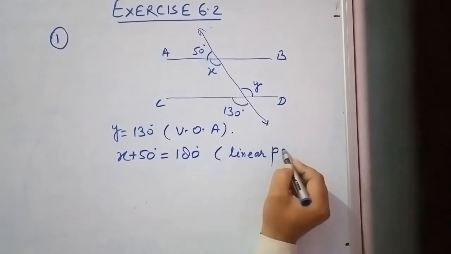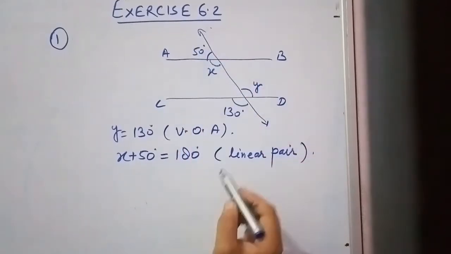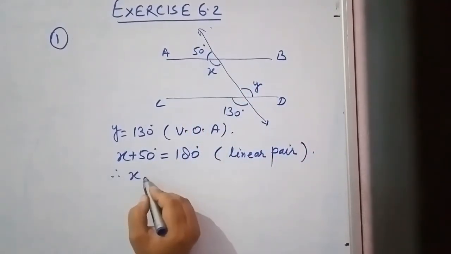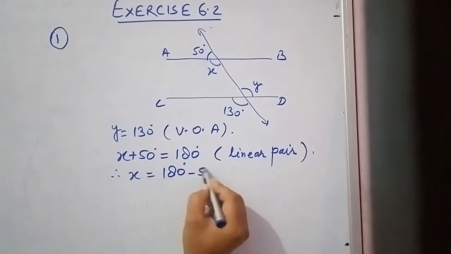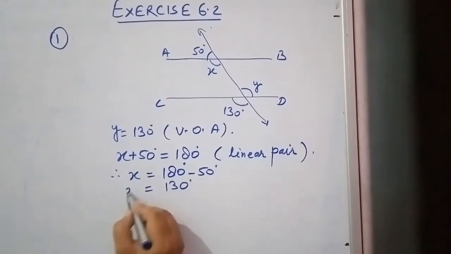These two angles form a linear pair, so X plus 50 equal to 180, that is X equal to 180 minus 50, that is 130 degrees.